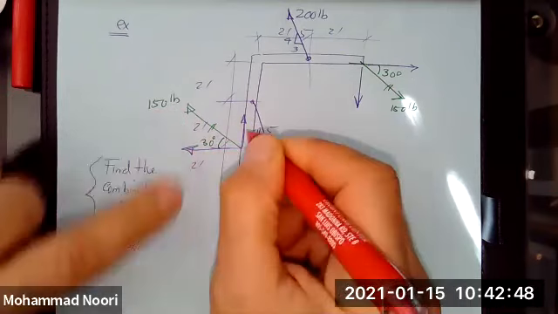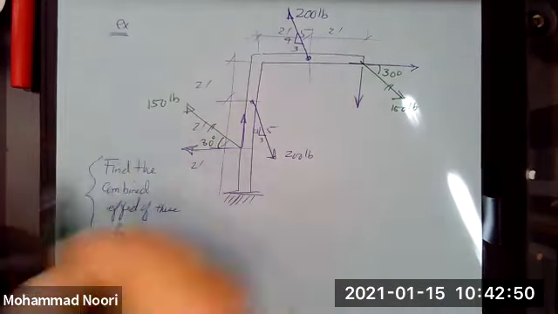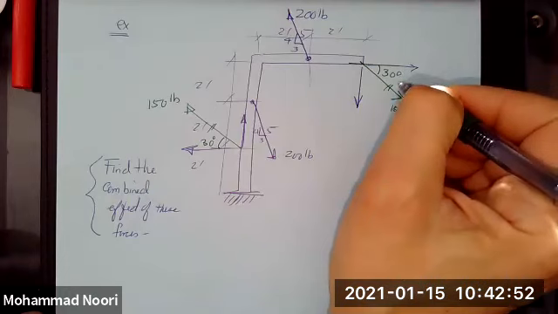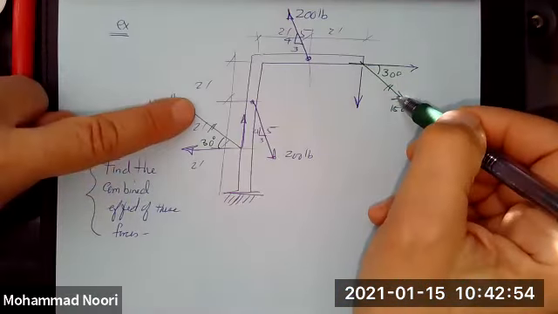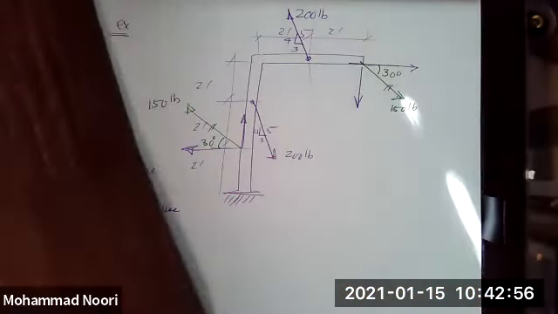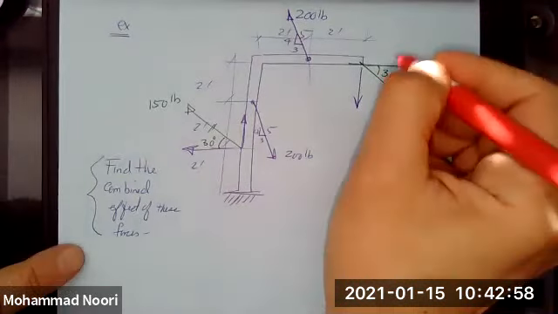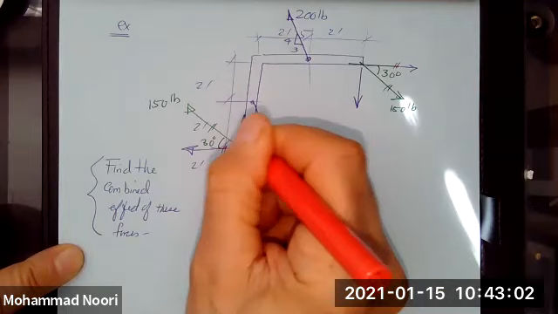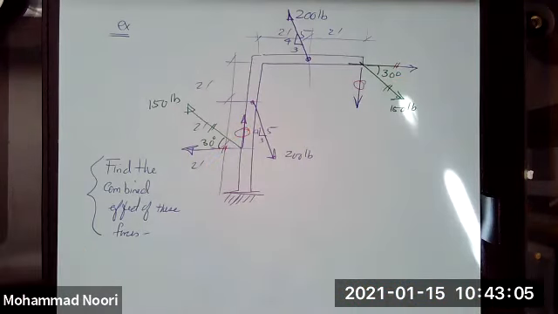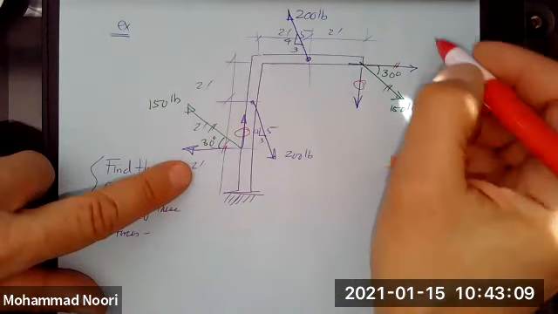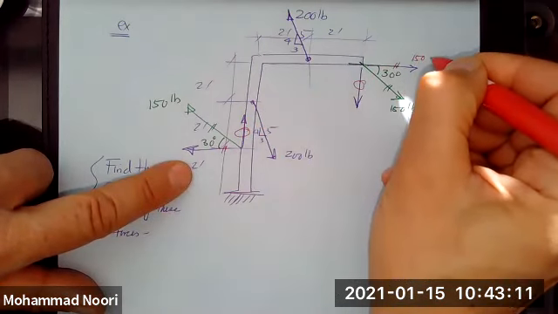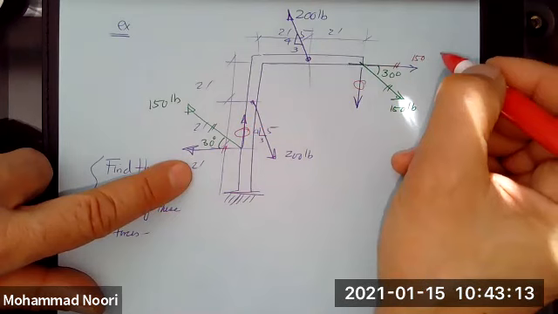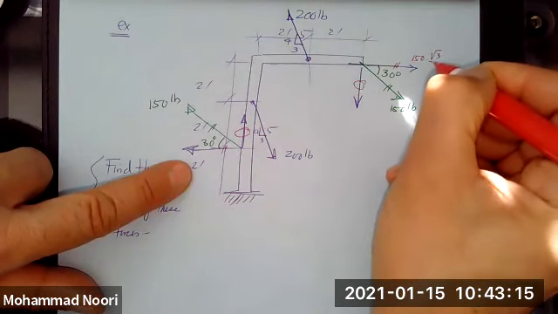What we're saying is these couples would do the same thing to this object as each individual component do. In other words, if this is a couple system, the components of these couples also form two couples. Look at the x component. This is 150 cosine 30, which is the square root 3 over 2.